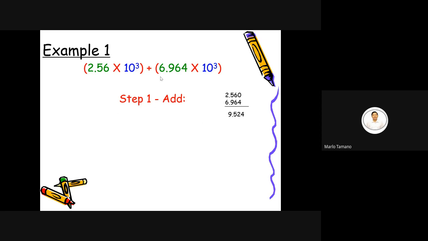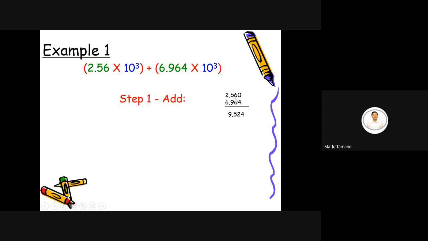So, step number one, add. If you're going to add this, you can use the vertical method or the horizontal method. When you were in grade 6 or during your elementary, you are very familiar with this method already, the vertical one.